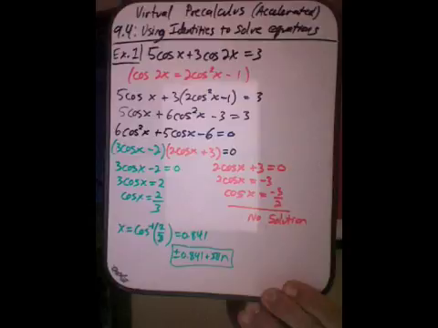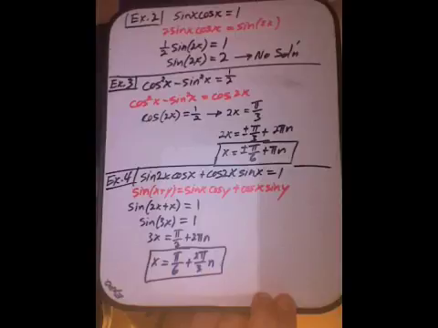Alright, so that's example 1. Take a look at example 2. Which identity comes to mind? This one's a little trickier because it's kind of backwards. Right? The double angle identity for sine is really useful here because sine x cosine x is really close to 2 sine x cosine x, which is what sine of 2x is.